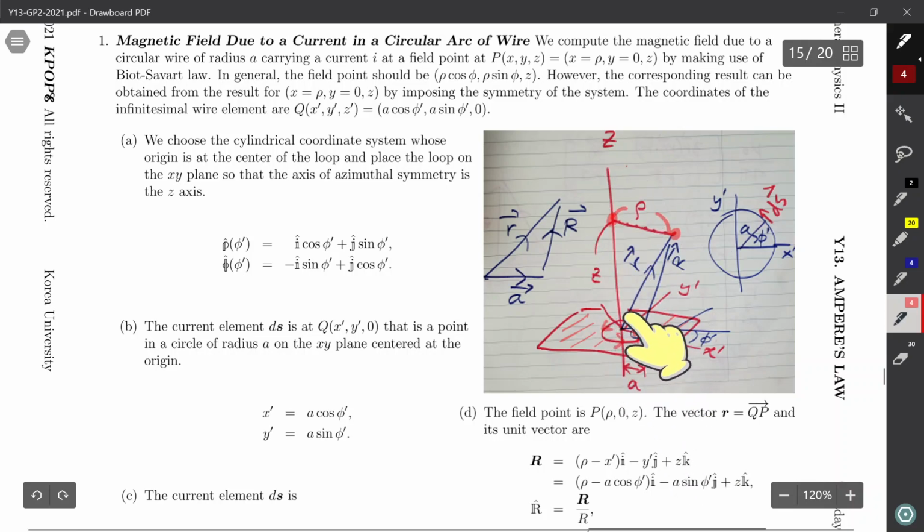So the current is flowing on a wire of radius A. We assume that radius A is very small, and the magnetic dipole moment is I times pi A squared. This is the area and current directed along the z-axis.